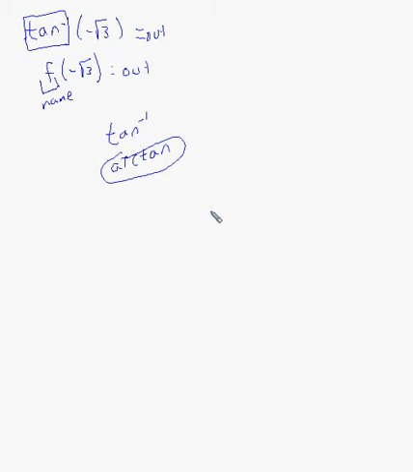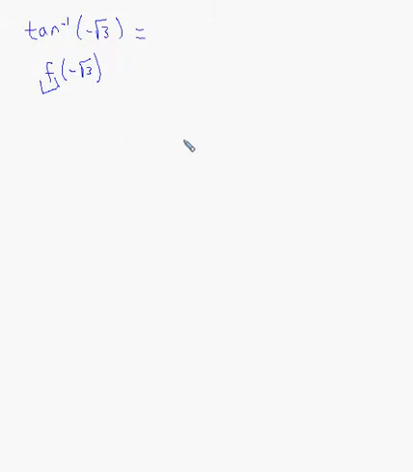I want to find the inverse tangent of negative square root of 3. First thing you need to know is that there's infinitely many answers. There's infinitely many angles for which the tangent comes out to be negative square root of 3. So the arctangent of negative radical 3 is the same thing as the inverse tangent.